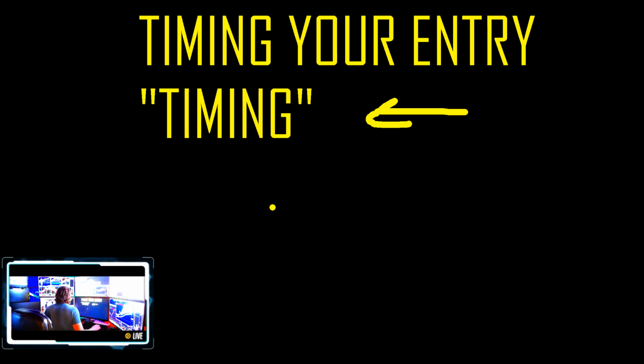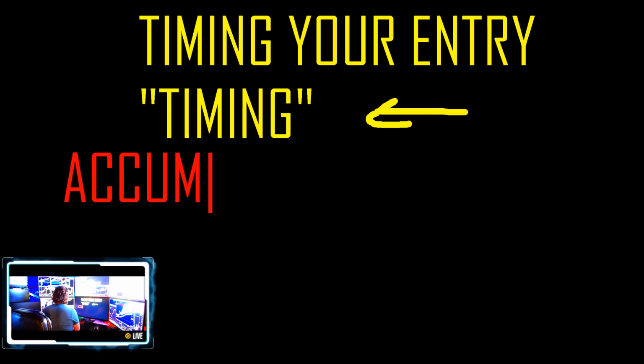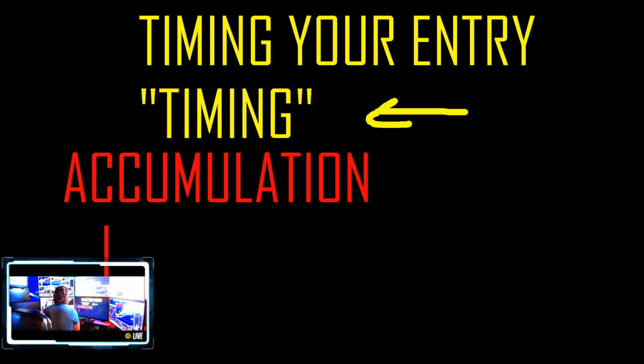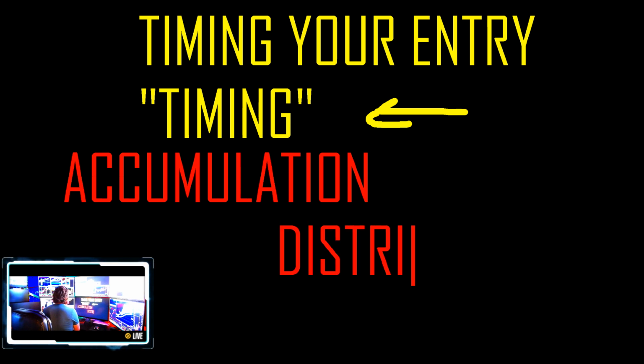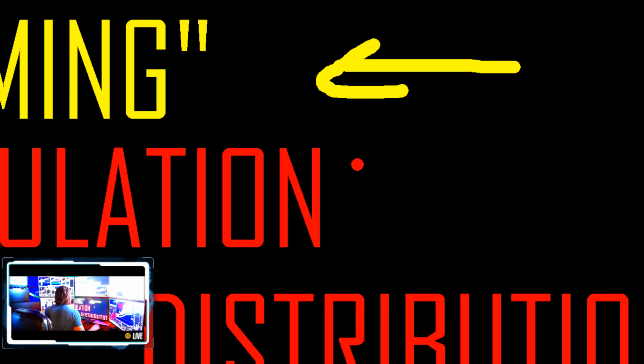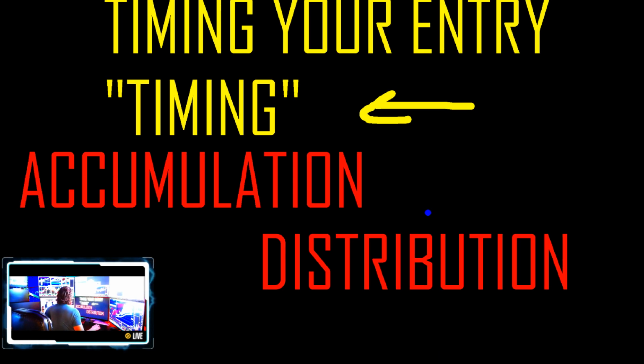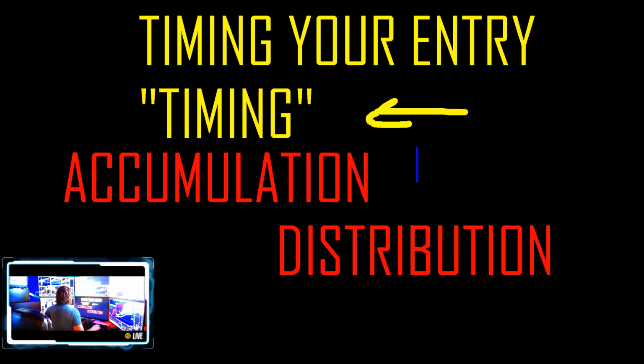And why this matters is something called, you guys might have heard this, you guys have read some books on the interwebs. You guys heard this concept? Accumulation, distribution. Okay, you'll sometimes hear me say ACDC. Okay.